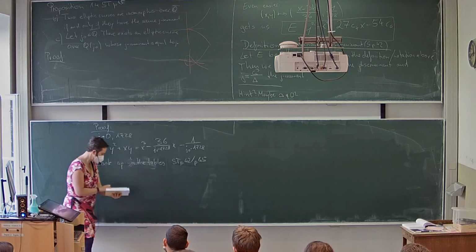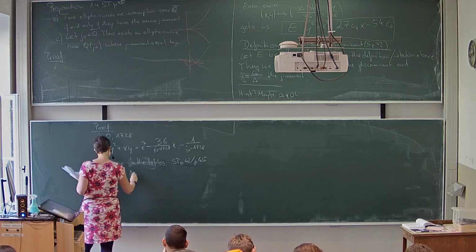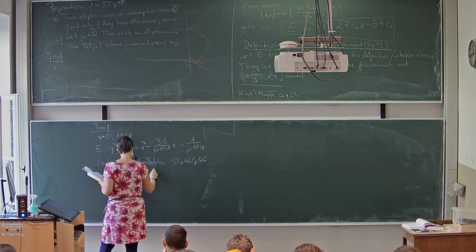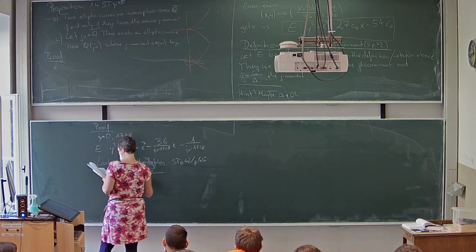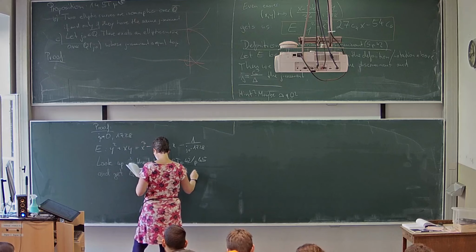You can just look up how it correlates and get that this elliptic curve just has J invariant J0.